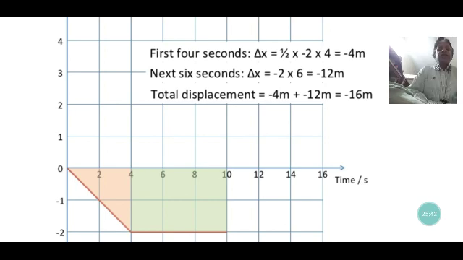Now, what is the area between 4 and 10 seconds? Here the velocity is constant, negative 2 meters per second.